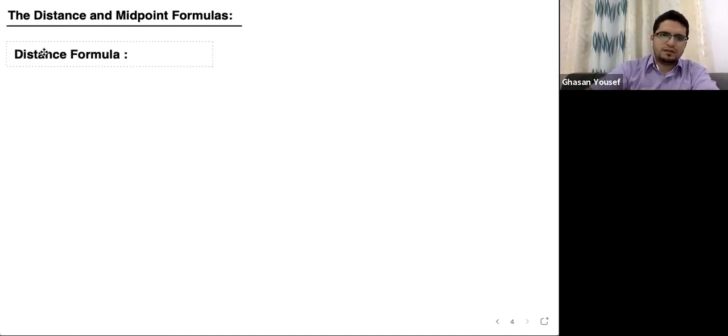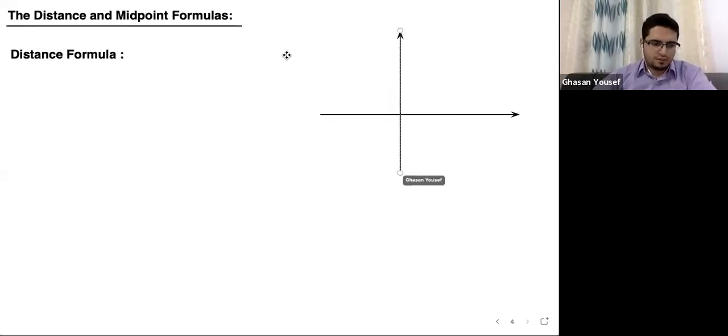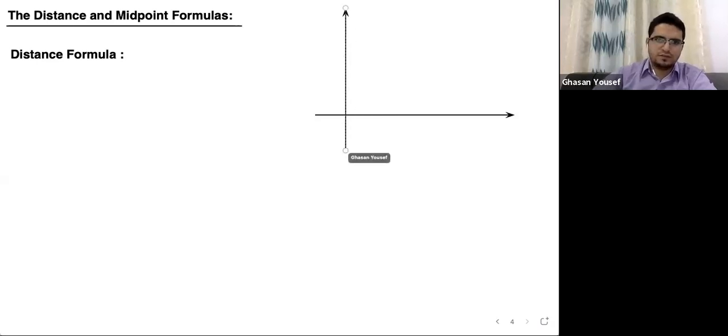Suppose I have the Cartesian plane like this. Here's my Cartesian plane, and I have 2 points. The first point is A, with coordinates x1, comma, y1.